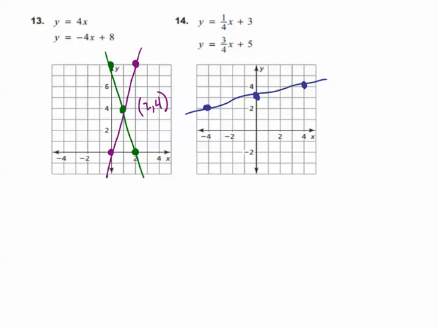Then we have 3/4. Sorry, we want to go up 3, right 4, but we can't do that, so instead we're going to go down 3, left 4, and we can see that our point of intersection would be right there at x is -4 and y is 2.